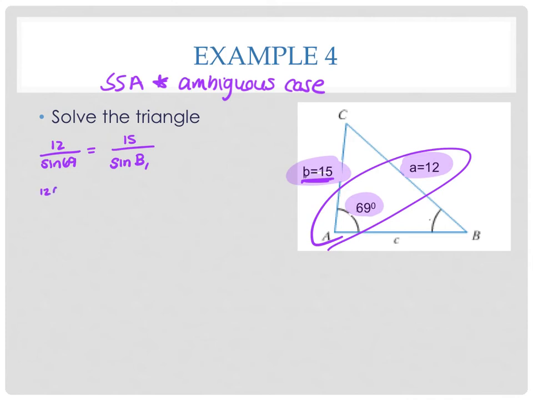Cross multiply: 12 times the sine of B1 equals 15 times the sine of 69. Divide both sides by 12. 15 sine 69 degrees divided by 12. And I get the sine of angle B1 is 1.1669, and so on and so forth.